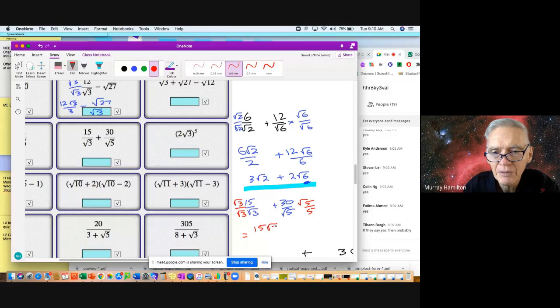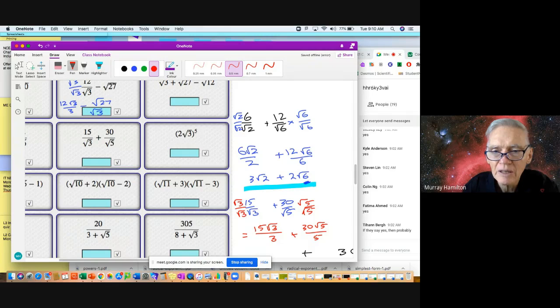We normally put the whole number first and the surd afterwards, over 3 plus, oops, there should be a root 5 on the bottom, shouldn't it? Beg your pardon, that's a root 5 on the bottom. And then we've got 30 root 5 over 5.